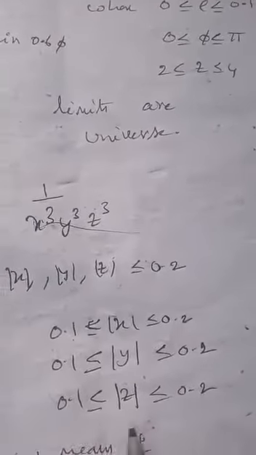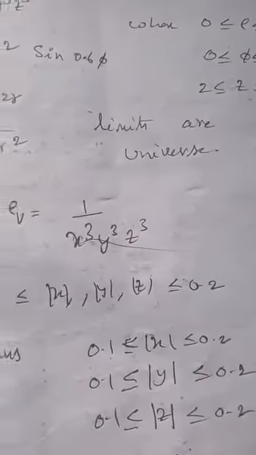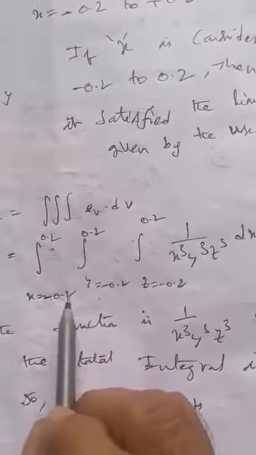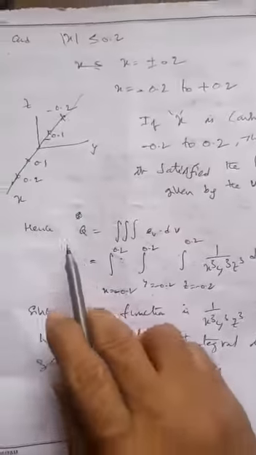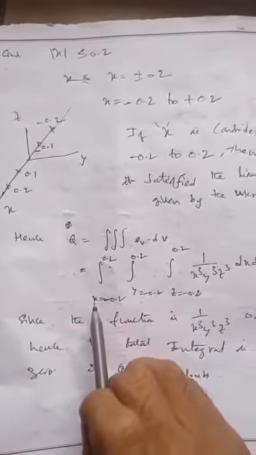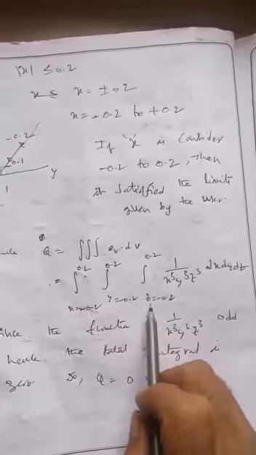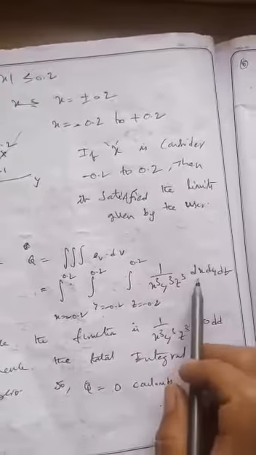So for y and z also we need to consider between minus 0.2 and plus 0.2. Once you choose the limits, you write the equation: x from minus 0.2 to plus 0.2, y from minus 0.2 to plus 0.2, z from minus 0.2 to plus 0.2, of 1 by x cube y cube z cube dx dy dz.